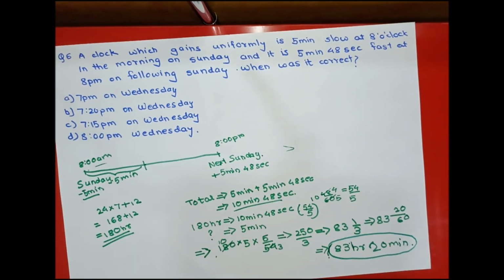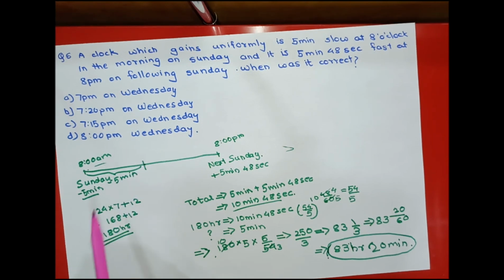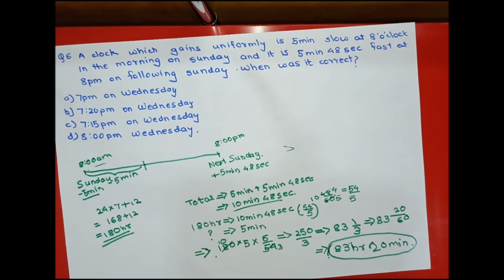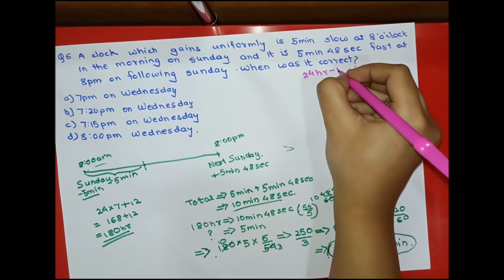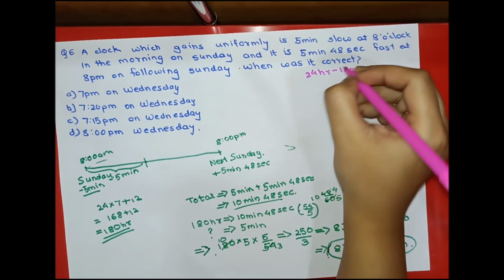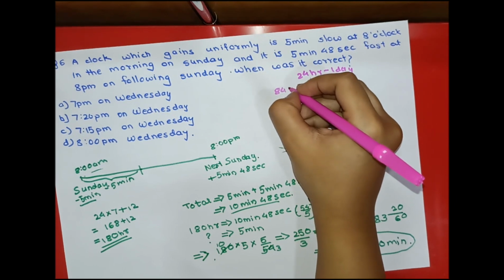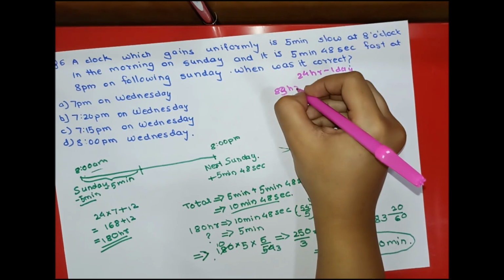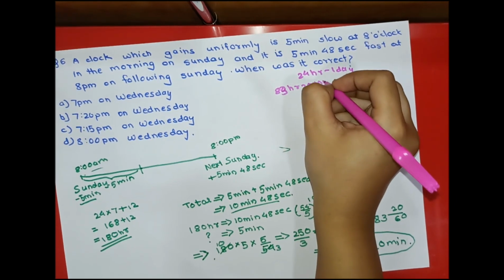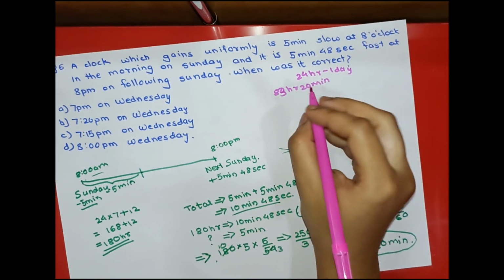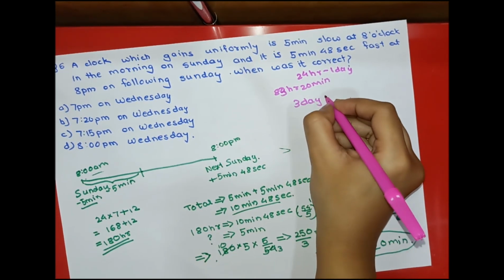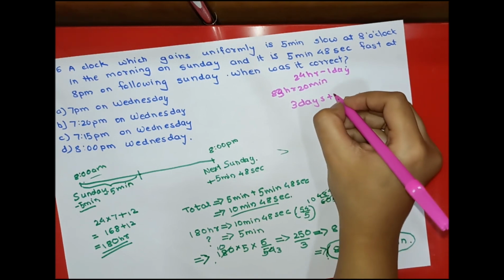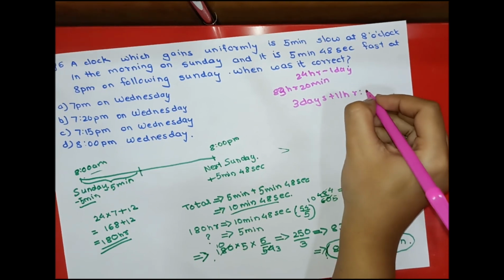But we have to find the exact time and the day. Now 24 hours completes one day, so 83 hours 20 minutes would be 3 days plus 11 hours and 20 minutes.